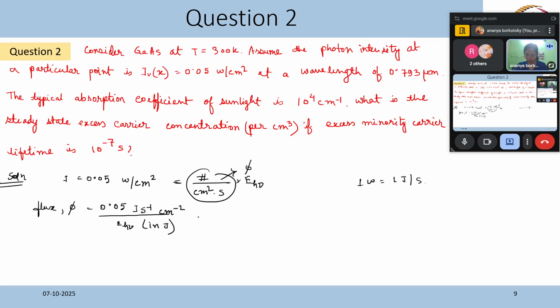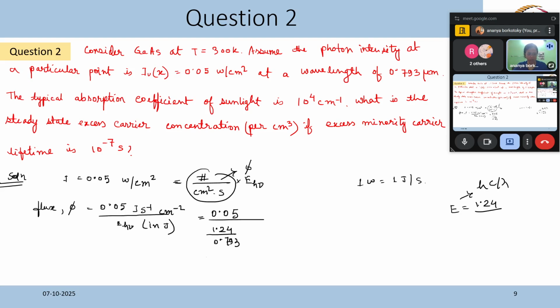So this will be 0.05 over E h nu. We know that this is 1.24 divided by lambda in micrometer, right? Energy is actually hc by lambda.